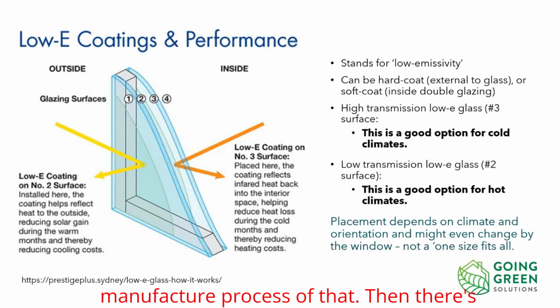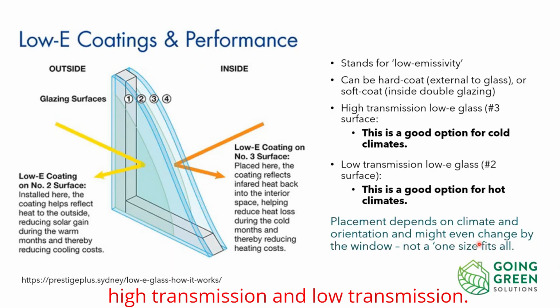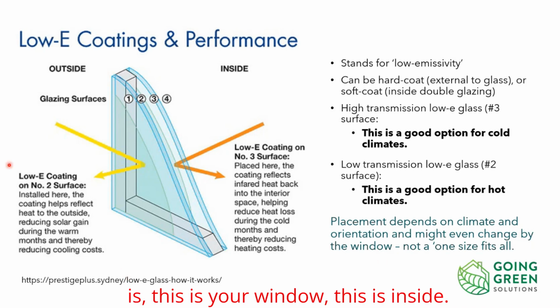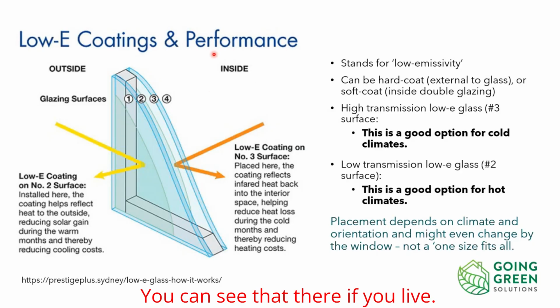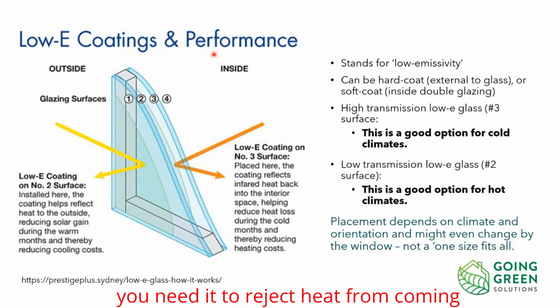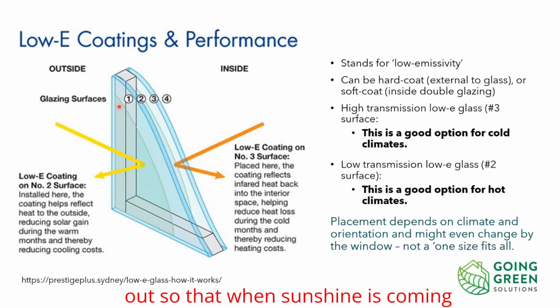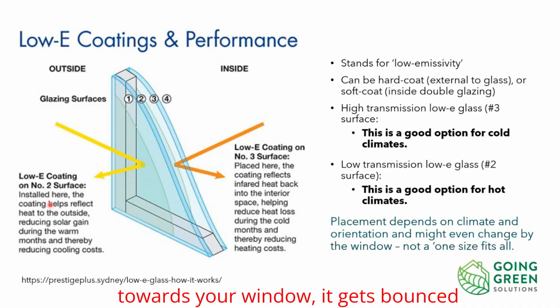Then there's high transmission and low transmission. And the easiest way to think about that is that, say this is your window, this is inside, you can see that there. If your window is in a place where you need it to reject heat from coming in, you put it at 2, which faces out, so that when sunshine is coming towards your window, it gets bounced back.